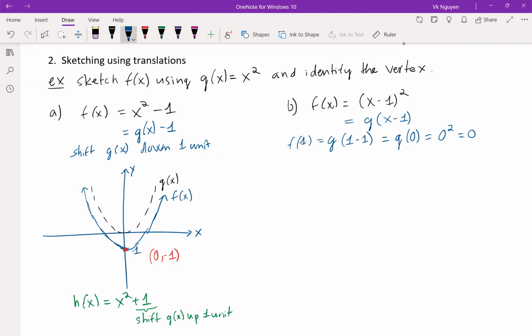So when x equals 1 in the function f, the output is 0. That is when we get an x-intercept. What this means is we have to shift g(x) to the right 1 unit.